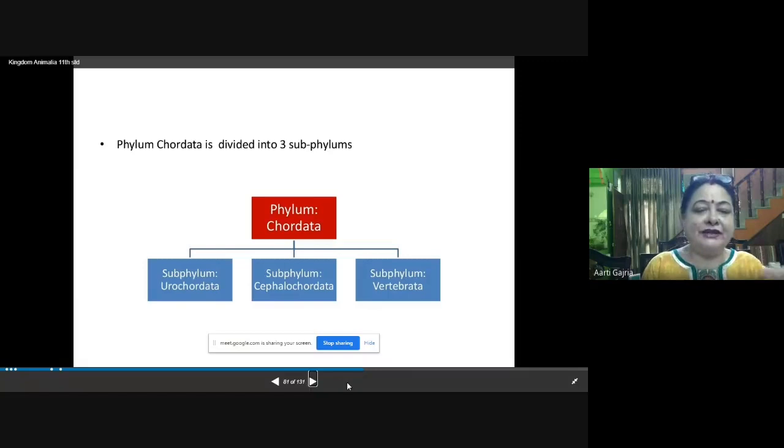See, the phylum chordata can be divided into three subphylums: Urochordata, Cephalochordata, and Vertebrata. So, Urochordata and Cephalochordata are the invertebrates which are the connecting link between non-chordates and chordates.